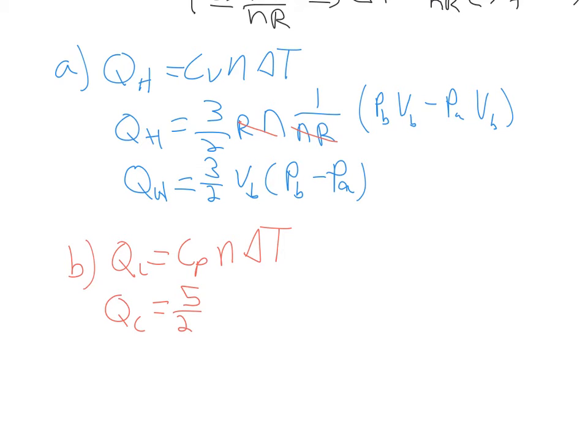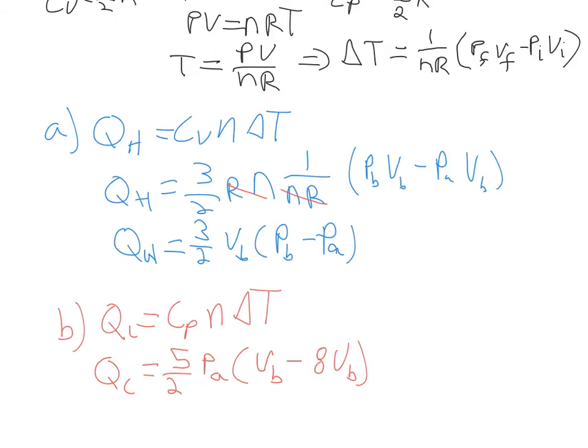Again, your N's and R's will cancel out. You now have a constant pressure, PA, and you're multiplying that by the change in volume. So what we really have is VB, the volume at point A, minus the volume at point C, which is 8 VB.